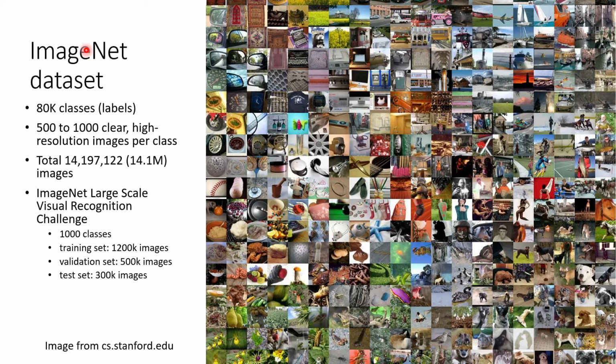Okay, so once they had such a huge data set, they hosted a challenge. It is the ImageNet Large-Scale Visual Recognition Challenge. From their 80K classes, they only chose 1K classes as the labels of the challenge, and they provided 1200K images as a training set and 500K images as a validation set.